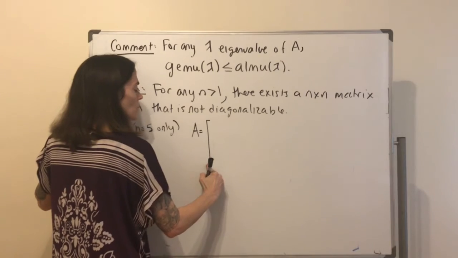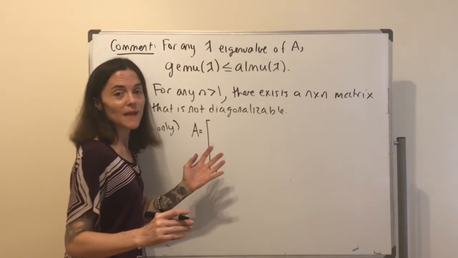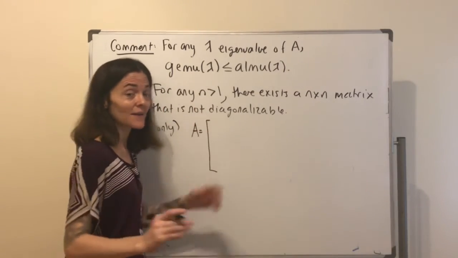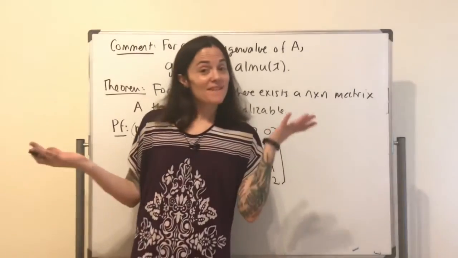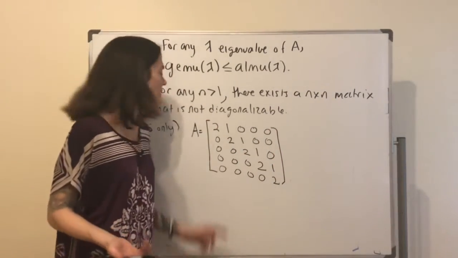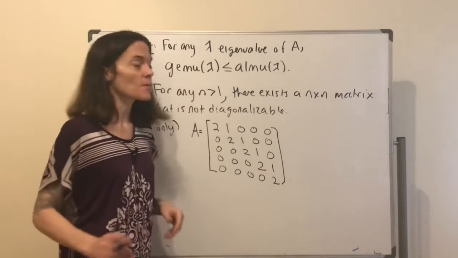So we know, for instance, whatever I write down, a 5 by 5 matrix, is going to have at least one real eigenvalue, without a doubt. Okay. Here's my 5 by 5 matrix. We have 2's along the diagonal. Then I have 1's right above and 0's everywhere else.